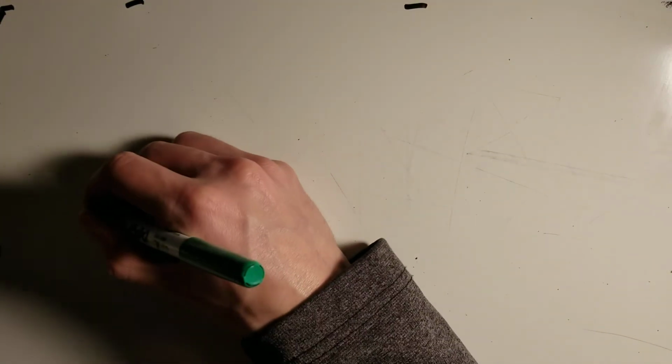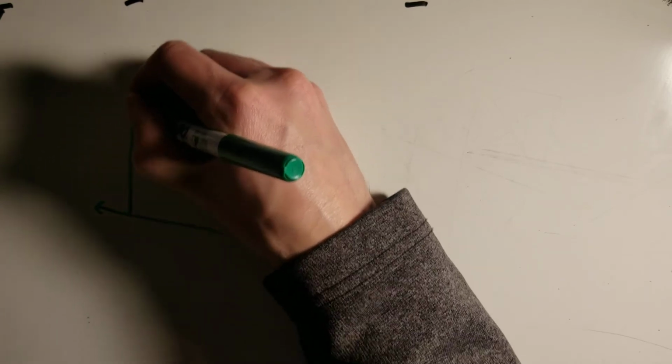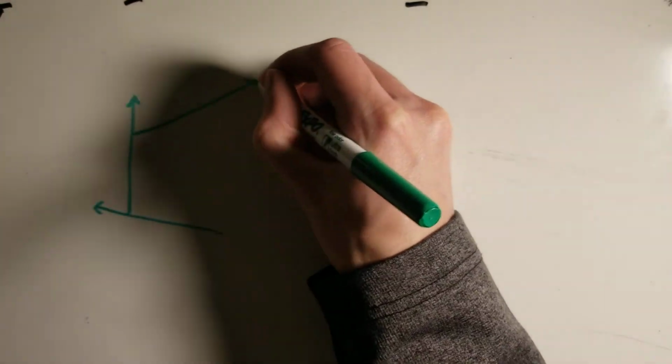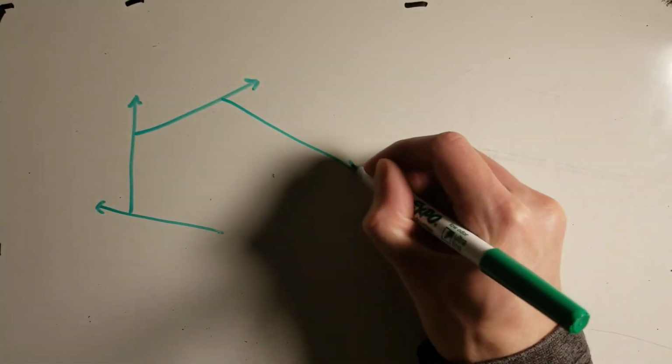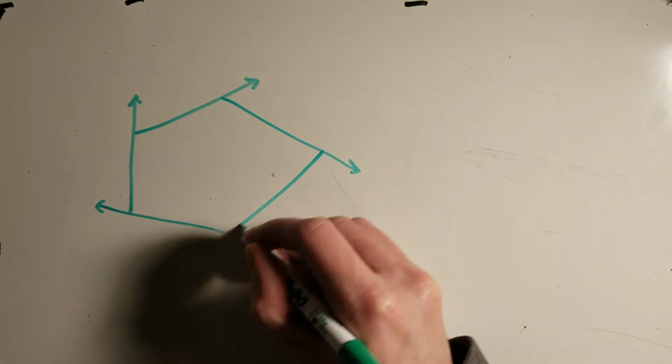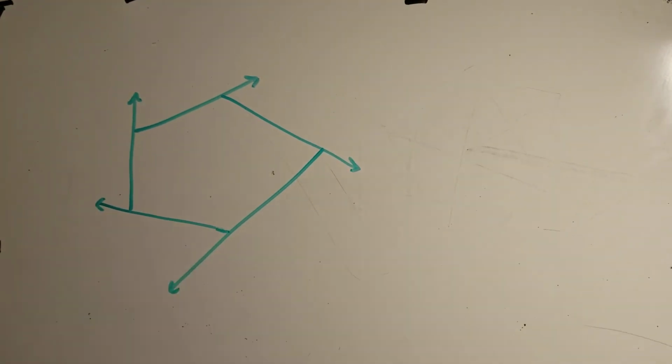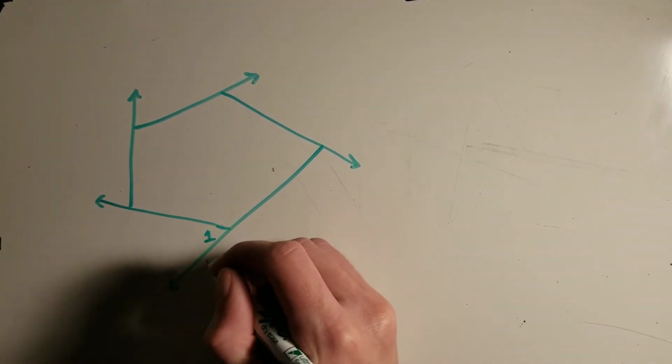Now, one thing is you have to be really careful with what angles you have. So let's look at our second example here. We have a figure that looks like this. And we go through like this. We are given that this is angle 1.